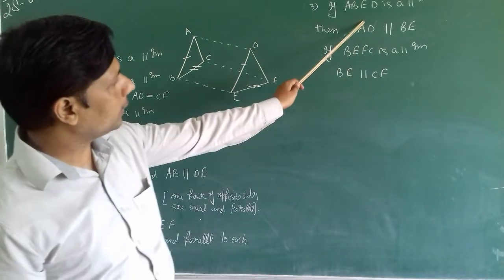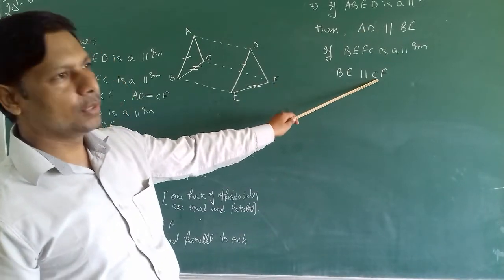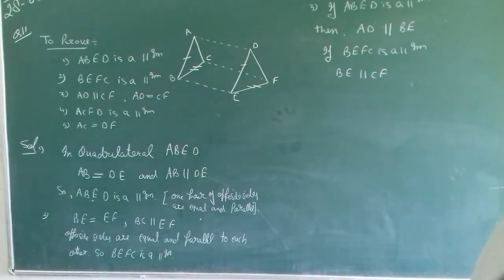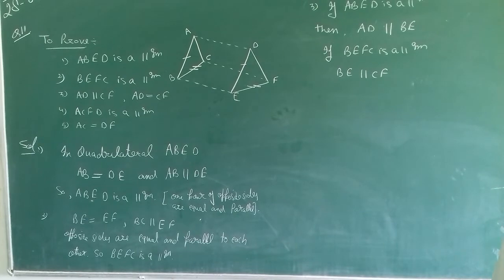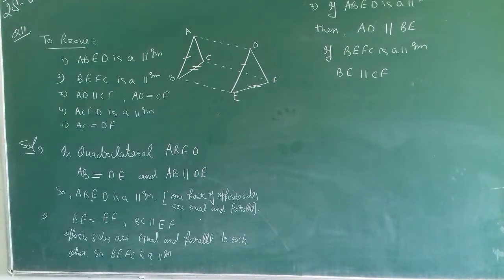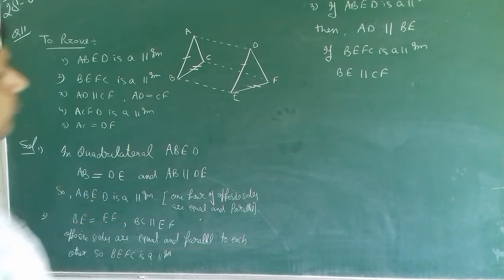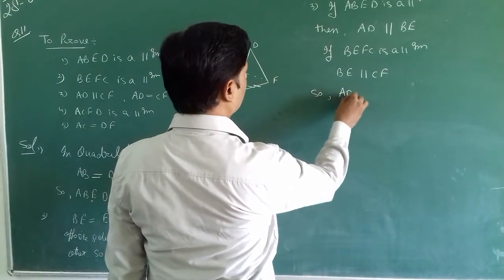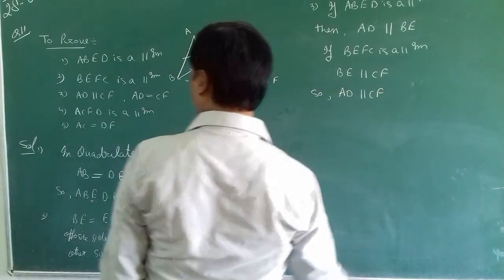Now see, students, here AD parallel to BE and BE parallel to CF. So can we write here AD parallel to CF? Because two lines are parallel to a third line, then they all are parallel to each other. So we can write here AD parallel to CF.